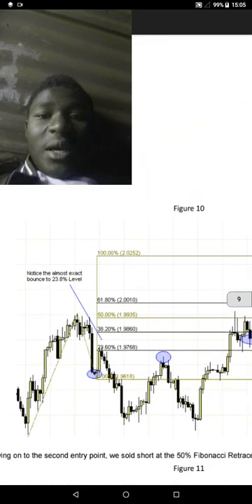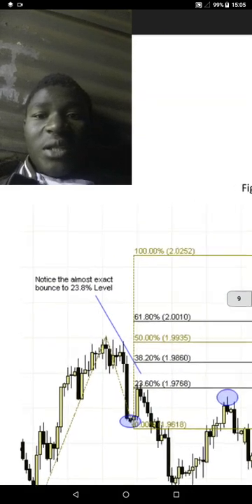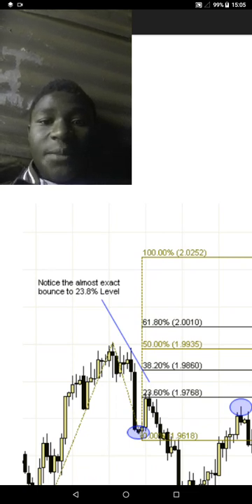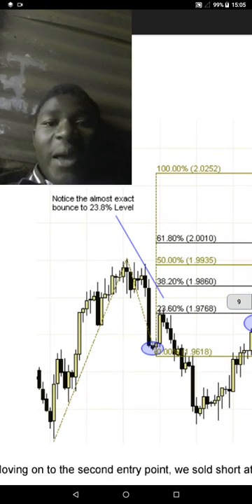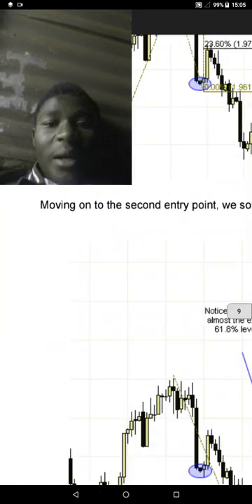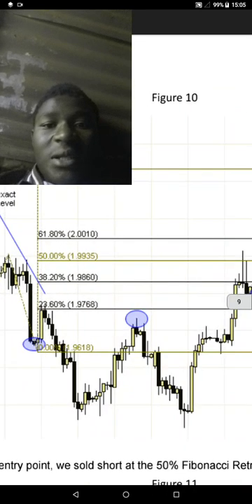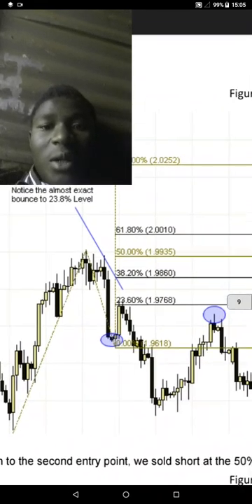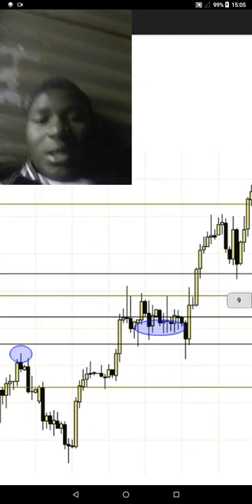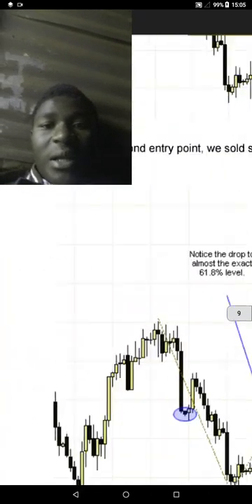Here in figure 10, notice the almost exact bounce to 23.6%. If you look carefully, you can take your time and see it here. Then let's proceed.